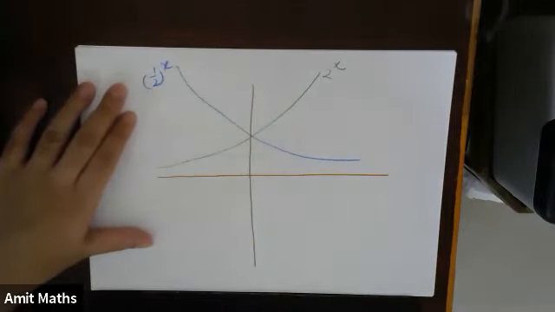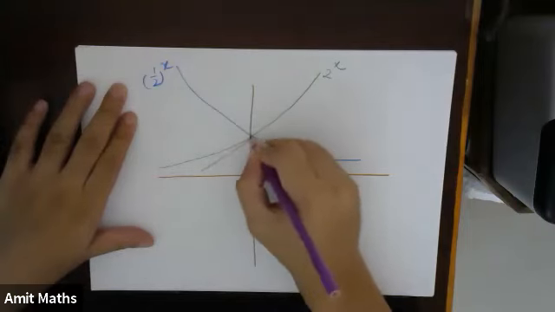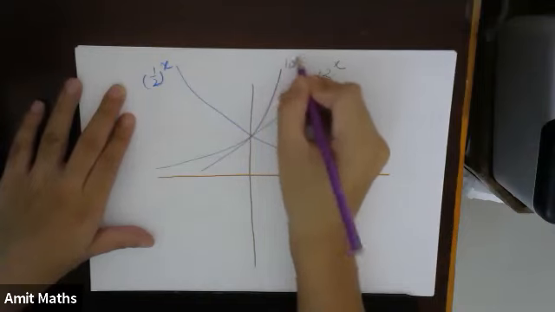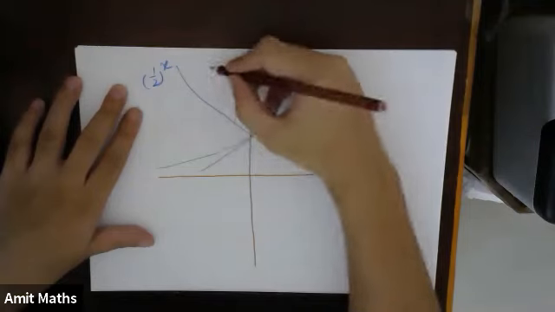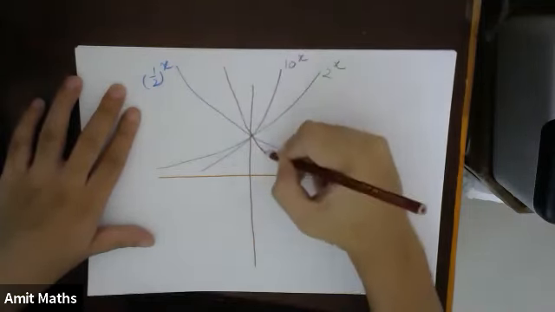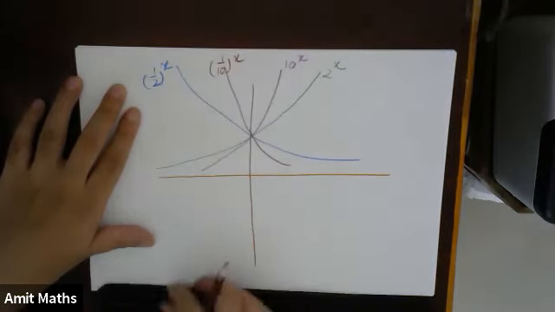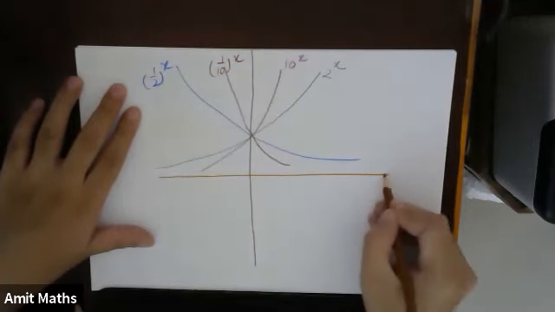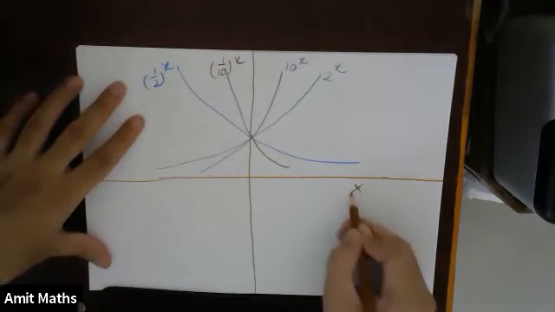Okay, now suppose this one is for 10 to the power x, fine, so this one will be 1 by 10 to the power x. Fine, this is the x-axis, this is the y-axis.